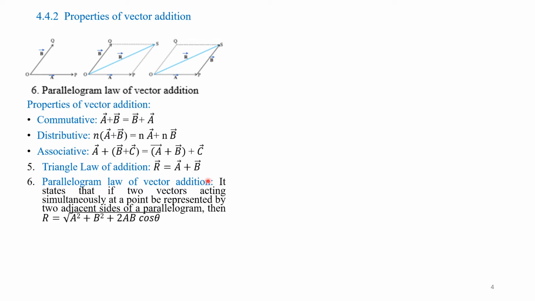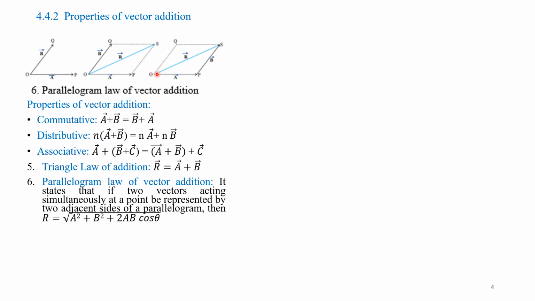Parallelogram law of vectors. It states that if two vectors are acting simultaneously at a point, represented by two adjacent sides of a parallelogram, see here, vector A and vector B are acting on the two adjacent sides of a parallelogram.